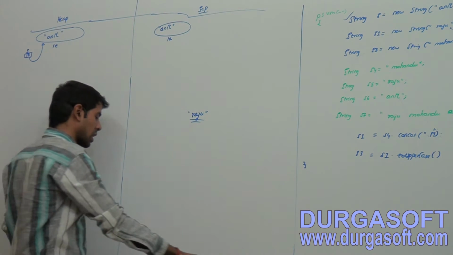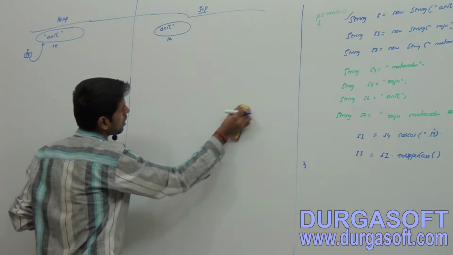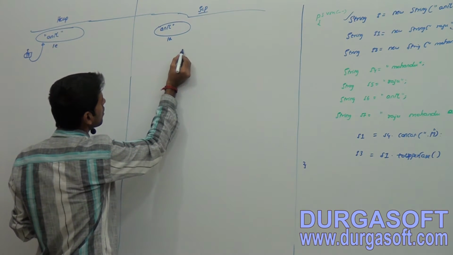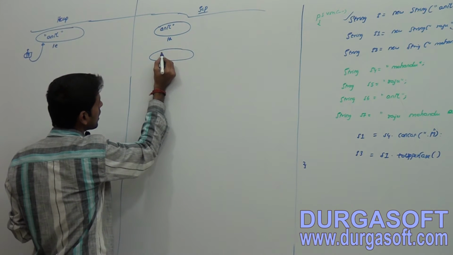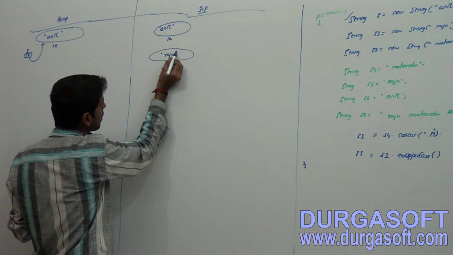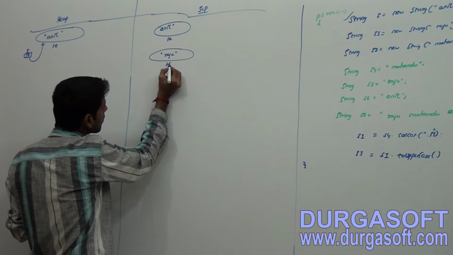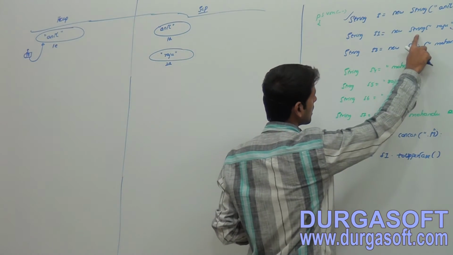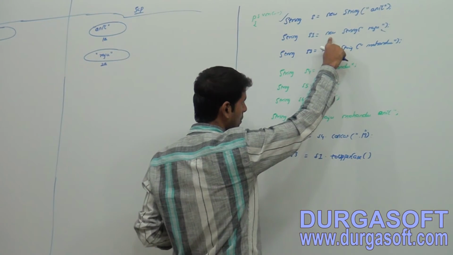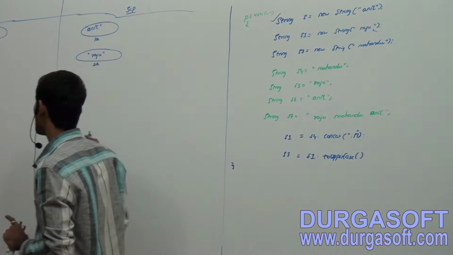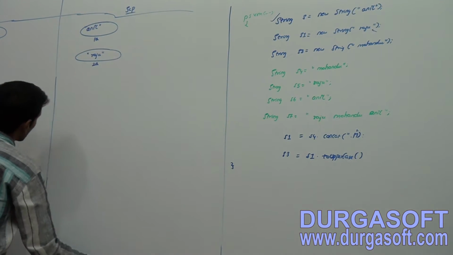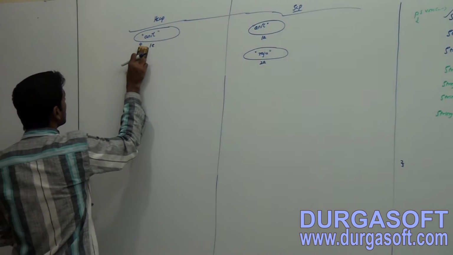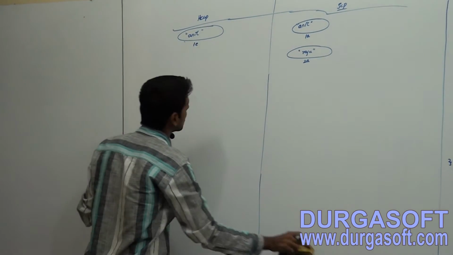No. So it will create this Raju within a new string object at SCP only, with a different reference. Now it encountered the constructor and new keyword, so a new object will be created at heap area with data Raju.